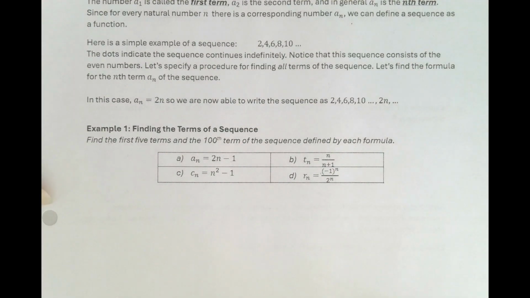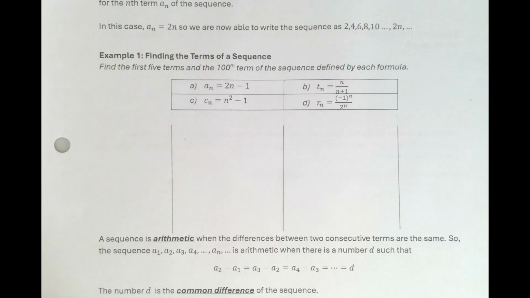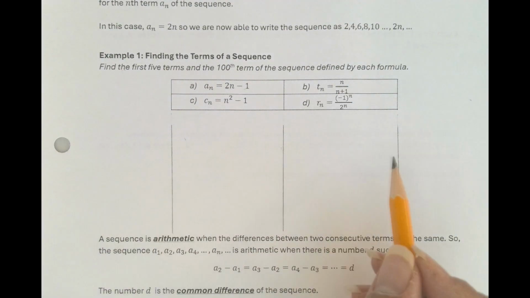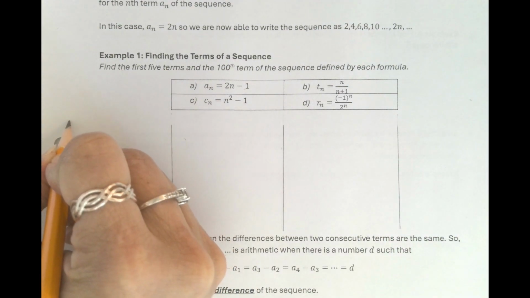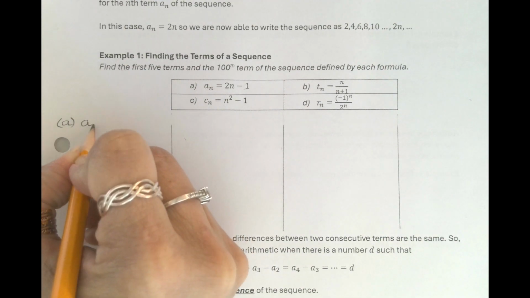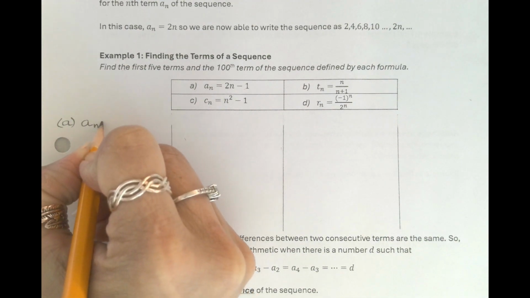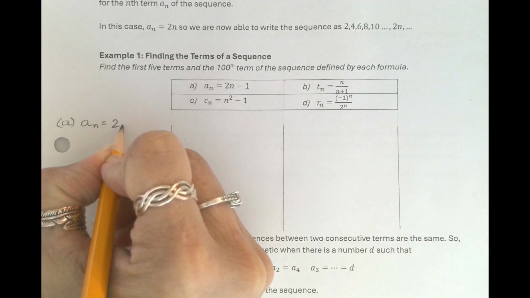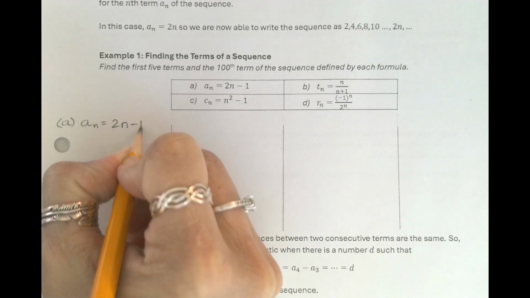So let's go ahead and do so. I divided these into 4 sections so that we can separate our work for each one. So part A is a sub n equals 2 times n minus 1.